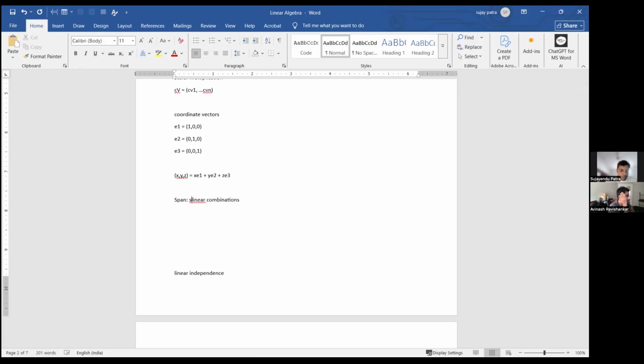If I have, say, the span of vectors v1, v2, and v3, then this is the collection of all vectors of the form c1 times v1 plus c2 times v2 plus c3 times v3.